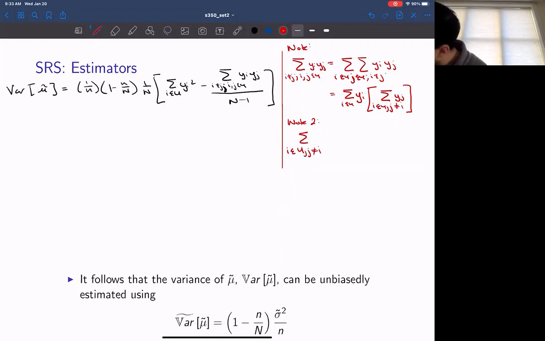of yj. So this is going to be y1 plus yj minus 1 plus yj plus 1 plus y little n.